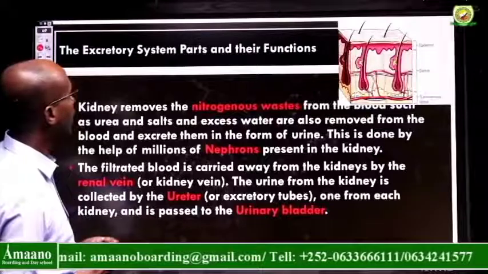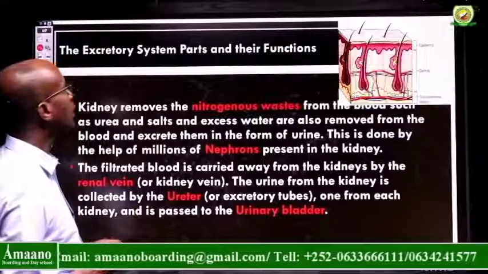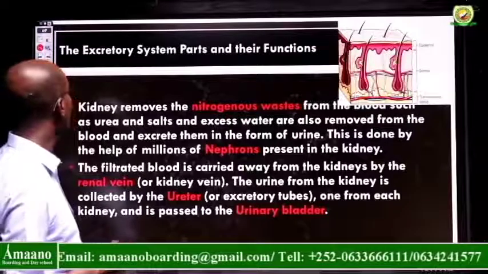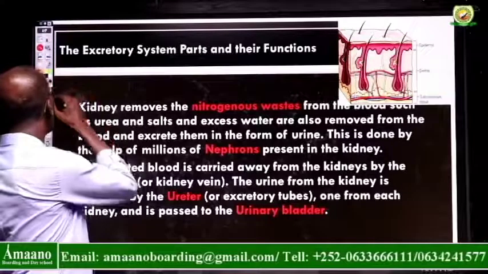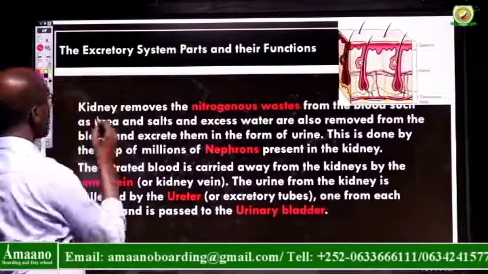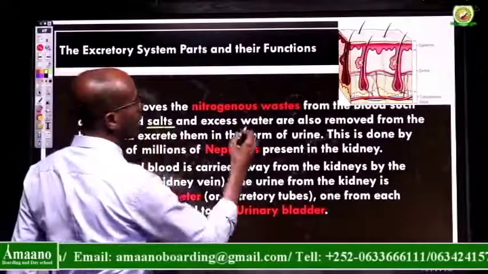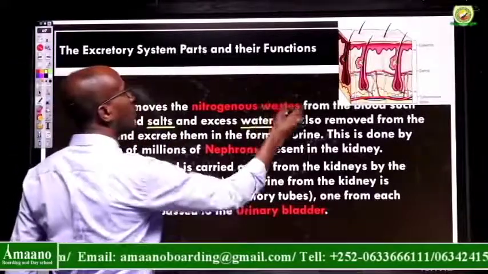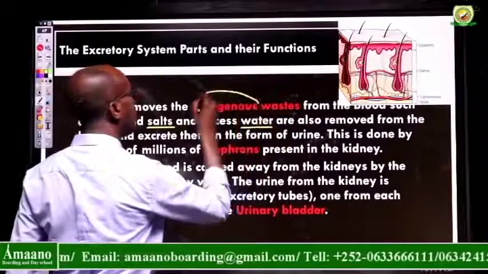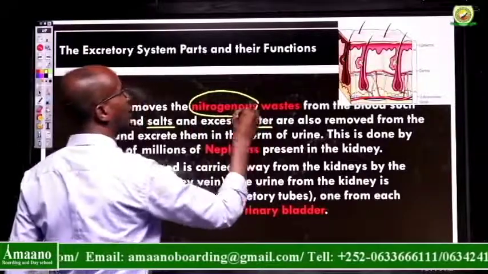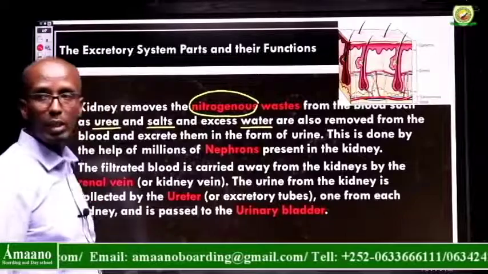Kidneys remove nitrogenous waste from the blood, such as urea, salts, and excess water. If you see the word nitrogenous waste, it is a waste product which contains nitrogen.